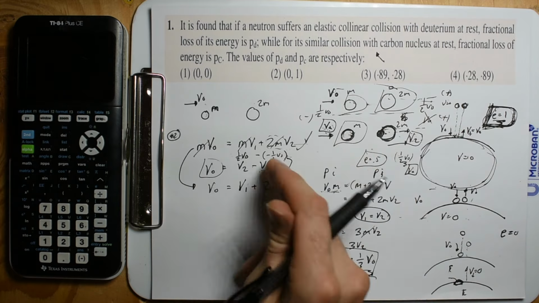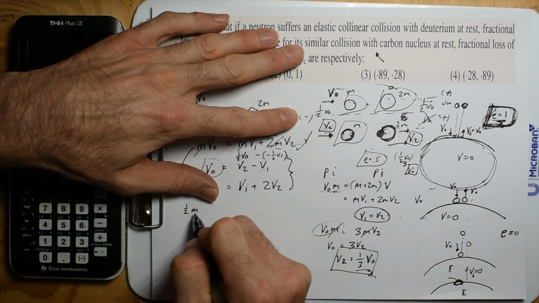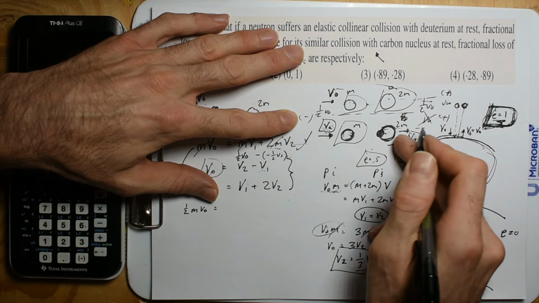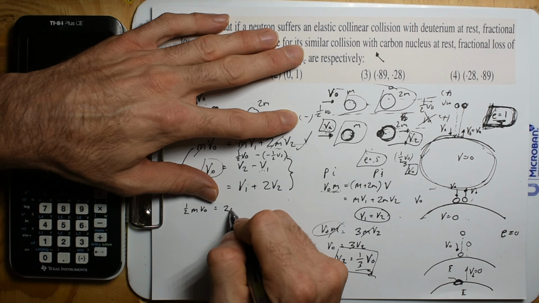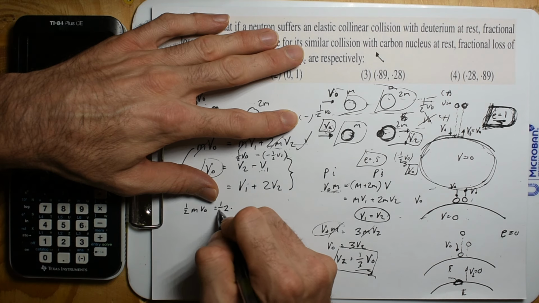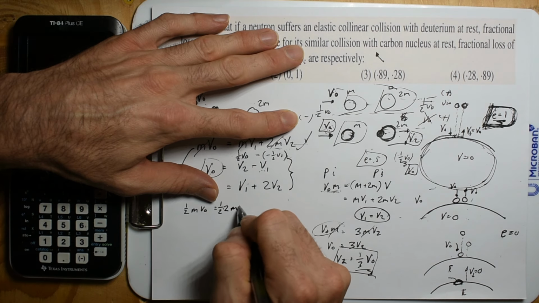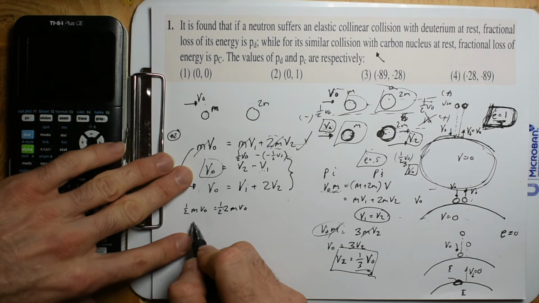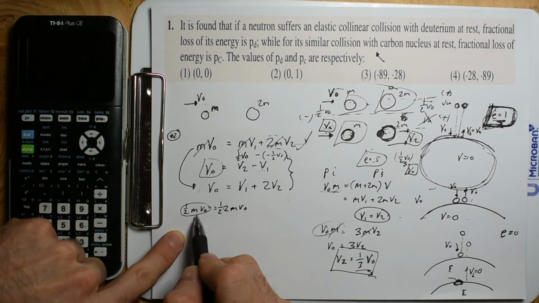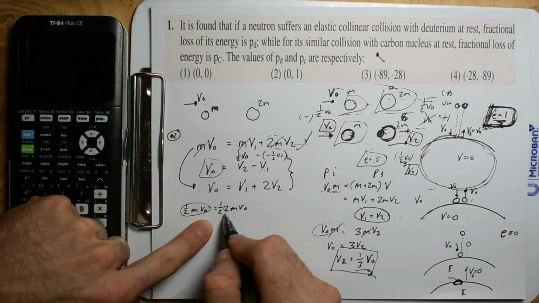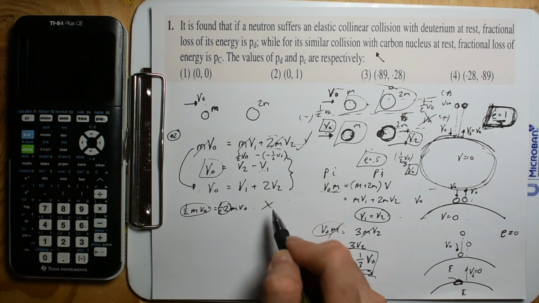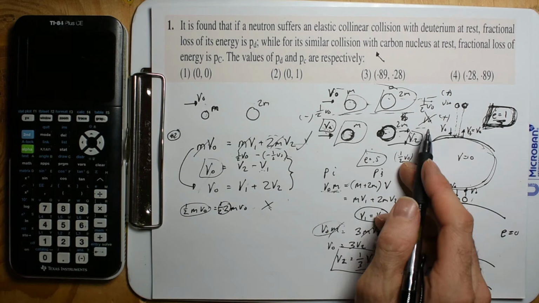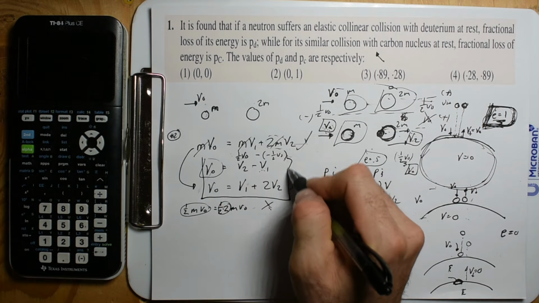If both after the collision were going at half the initial velocity, the momentum on this one would be 1/2 m v naught, and the momentum on this one would be 1/2 times 2 m v naught. So the initial would be 1/2, and the final would be 1. So momentum would not be conserved. All right, let's just crank these out.